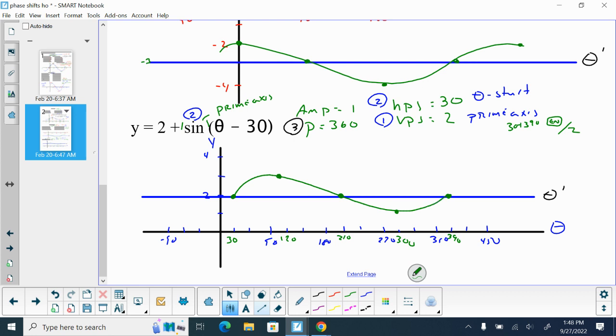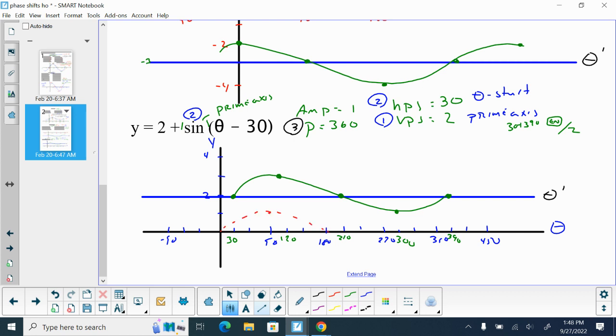So here's our regular sine curve that gets slid over to the right 30 degrees and then up 2 units. Okay, we're sliding to the right. Here would be where I normally start. This would be my graph to start out with.